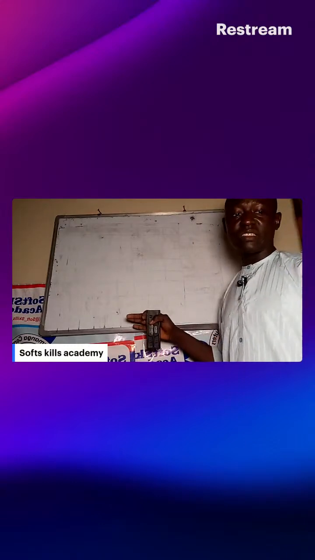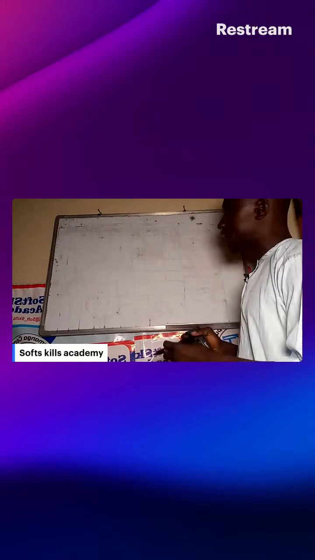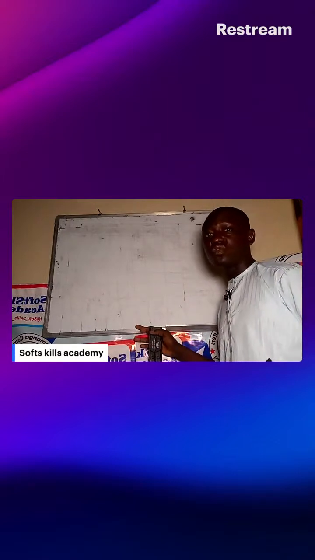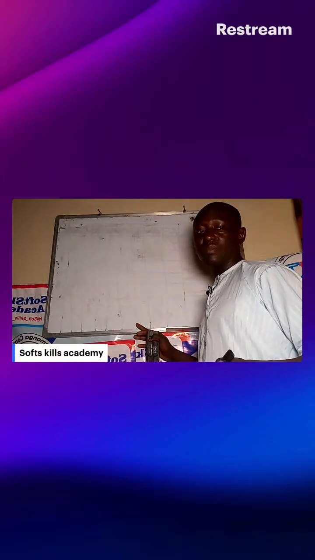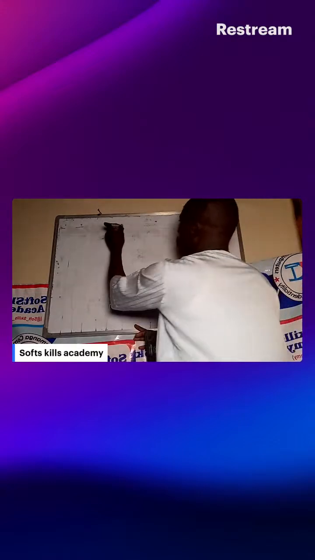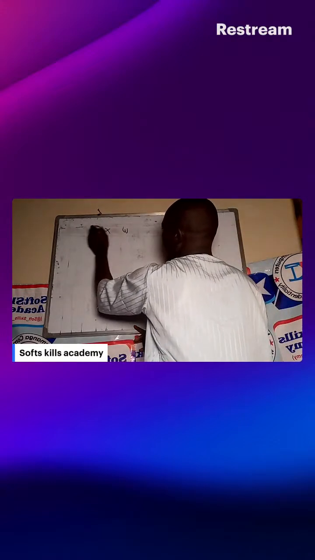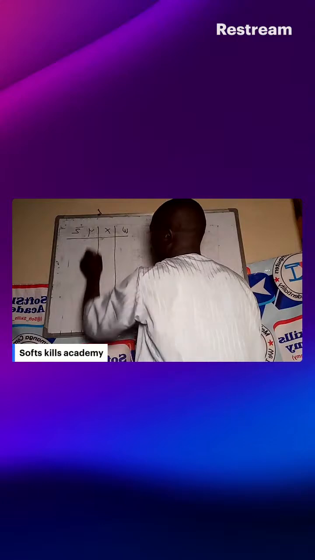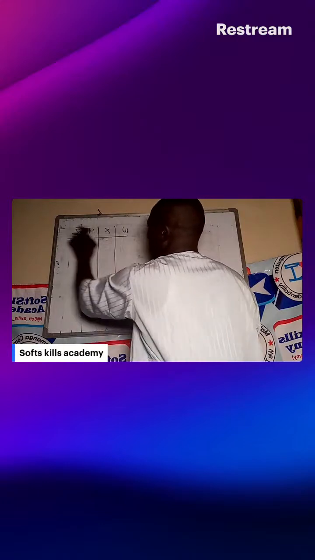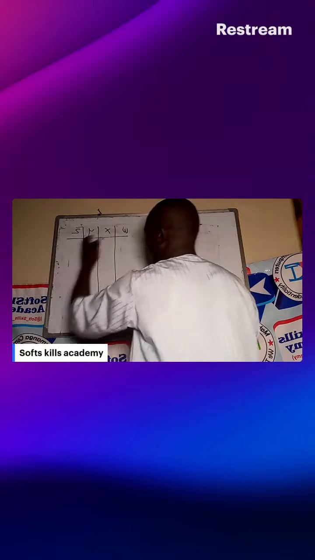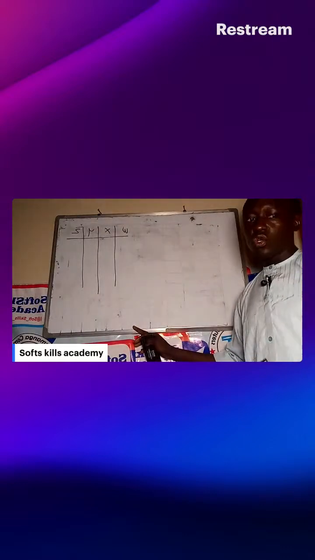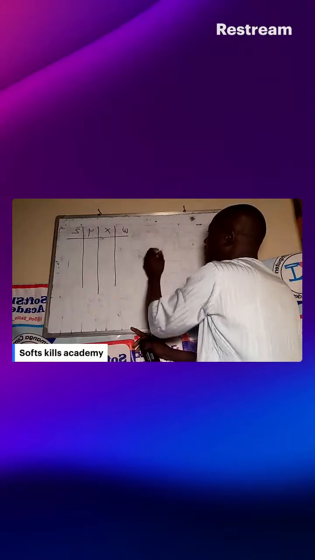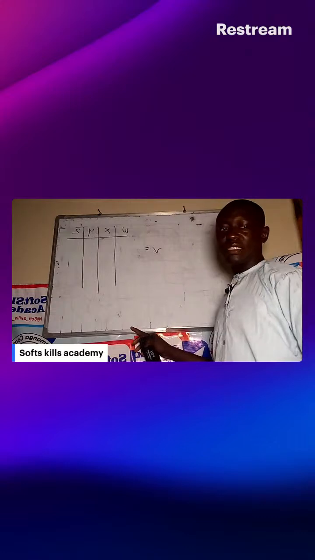So I want to use W, X, Y, Z as an instance, in regard to the earlier example given as A, B, C, D. Let's assume we have W, X, Y, and Z. The rows are our tuples. The columns are our attributes. This is giving us relation R.